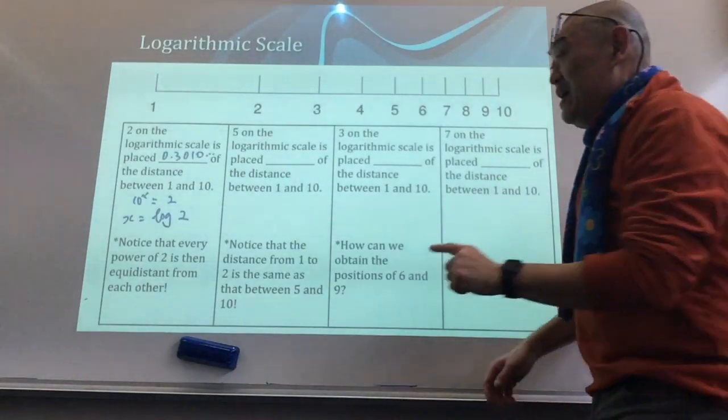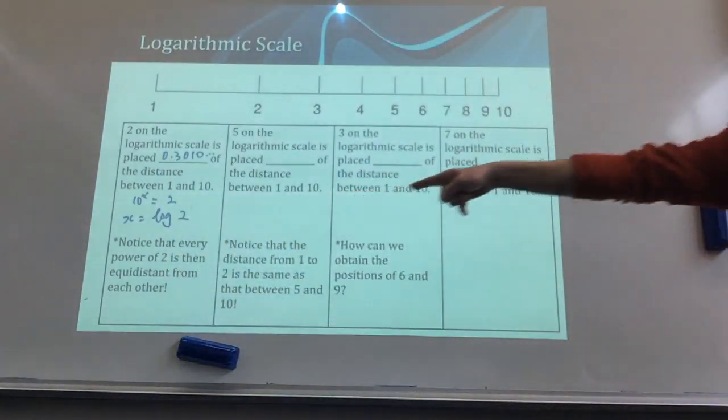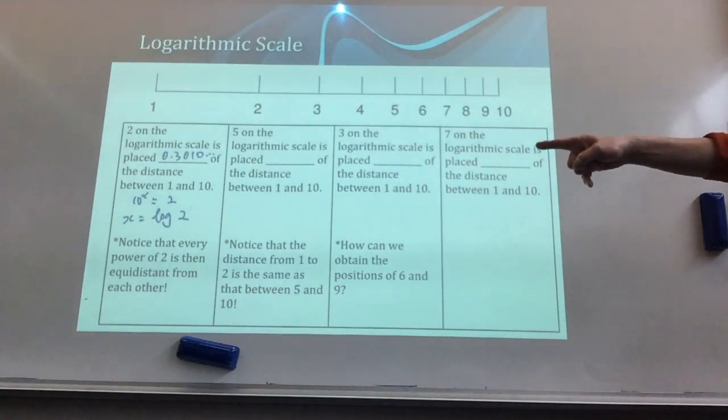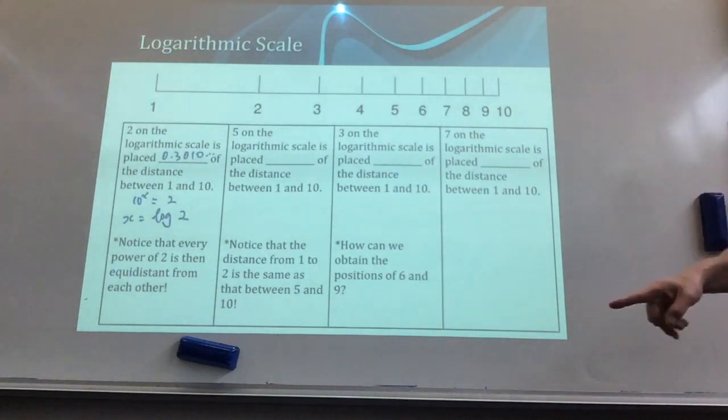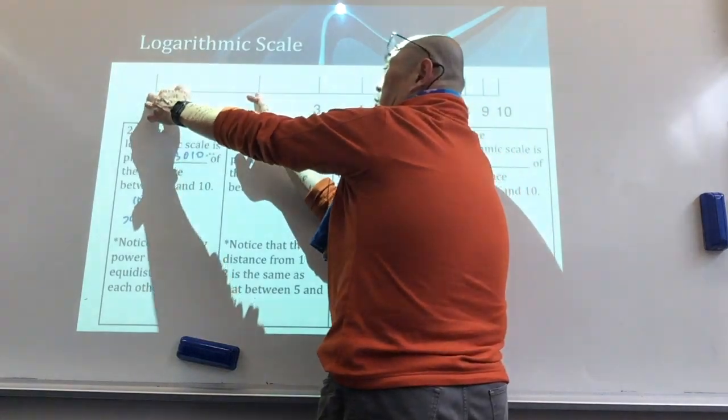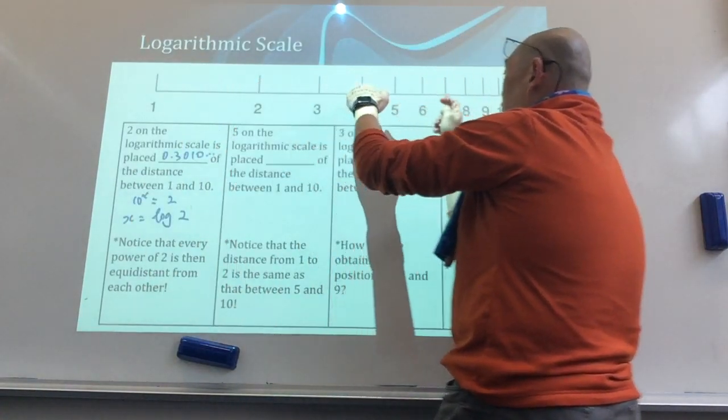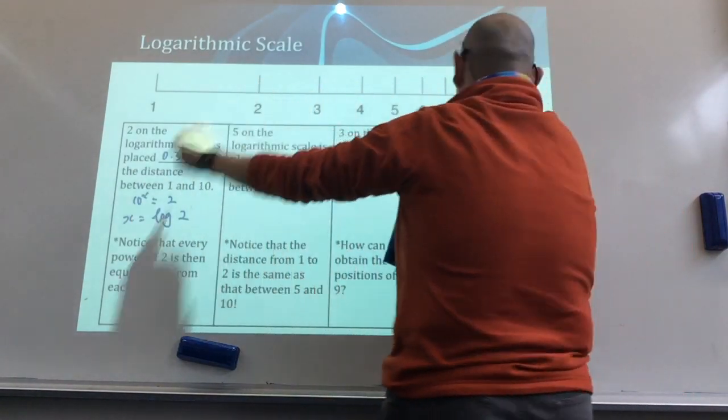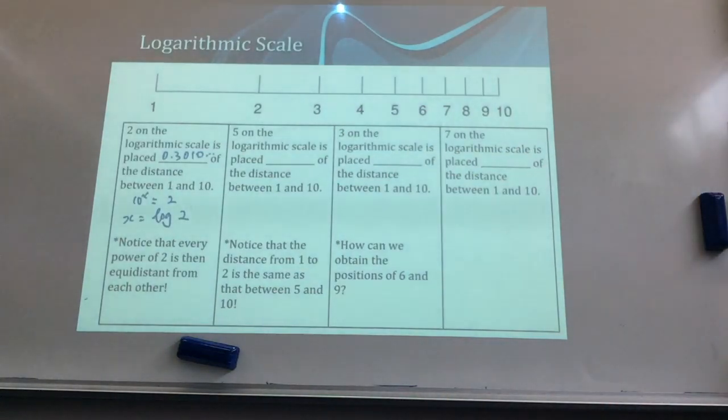Now, let's think about that point over there. Notice that every power of 2 is equidistant from each other. So if you think about 1 to 2, 2 to 4, 4 to 8, those distances are equidistant. I'm going to highlight that. This distance is equidistant to that, 2 to 4 and 4 to 8.